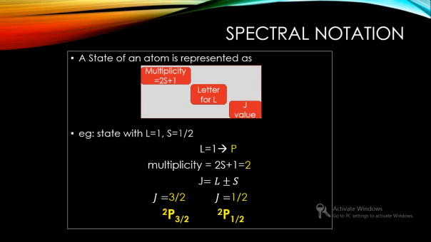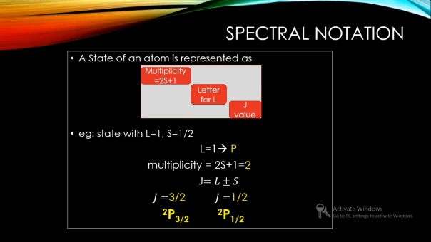Similarly, you can write this as 2P 1/2. It is read as doublet P 3 halves, and this one is read as doublet P half.